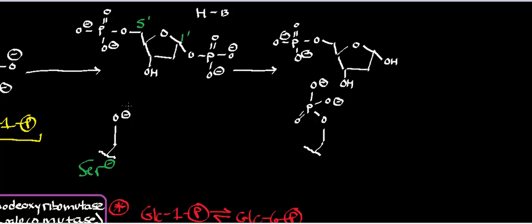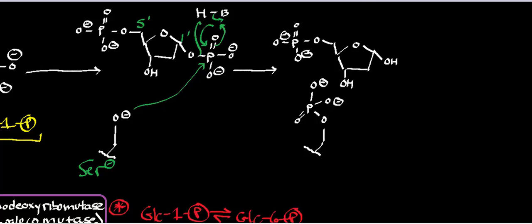The serine anion is going to do a nucleophilic phosphoryl substitution on the 1' phosphate. Again, I'm neglecting the pentavalent intermediate, or you can call it a trigonal bipyramidal intermediate, but the phosphoryl intermediate is going to collapse back down and in the process re-abstract the proton from this base.